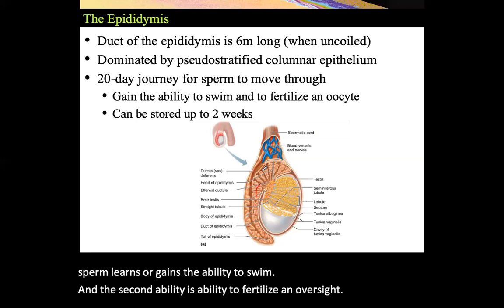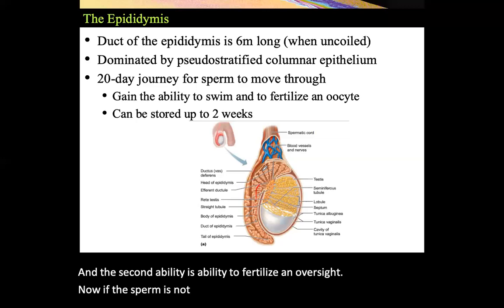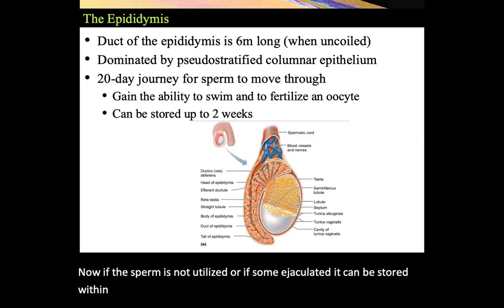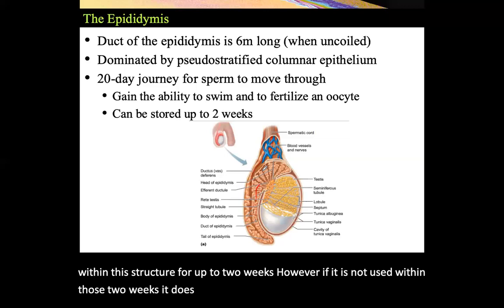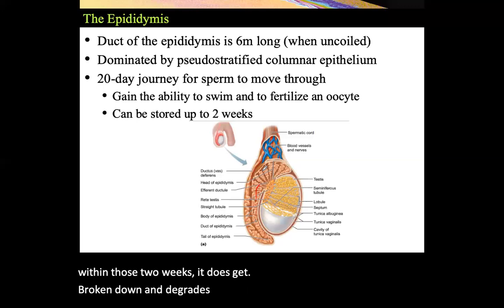Now, if the sperm is not ejaculated, it can be stored within the structure for up to 2 weeks. However, if it is not used within those 2 weeks, it gets broken down and degrades, and the materials get recycled.